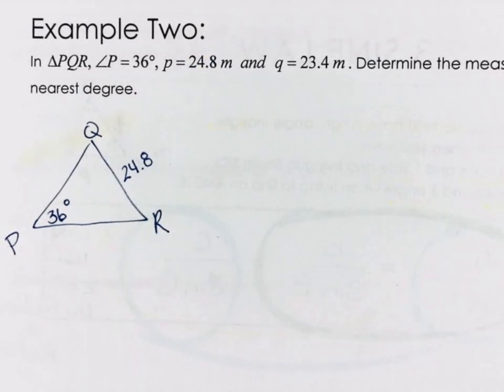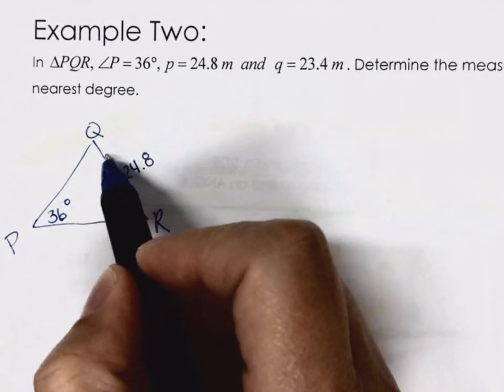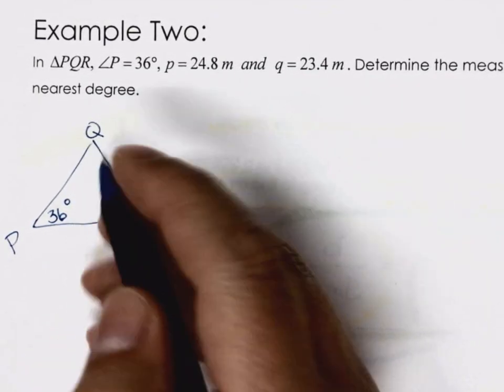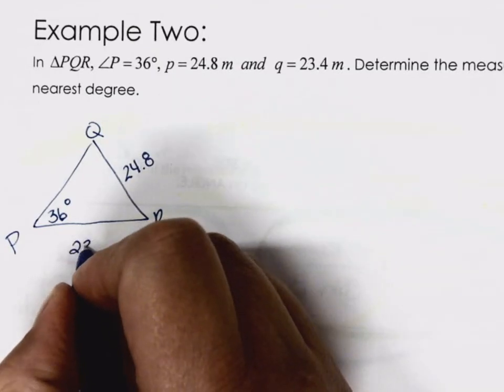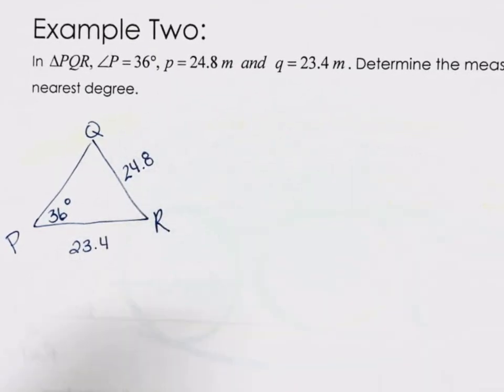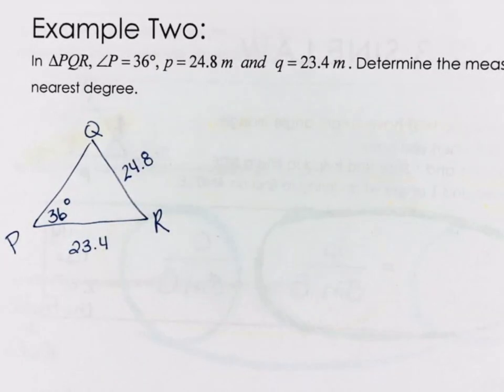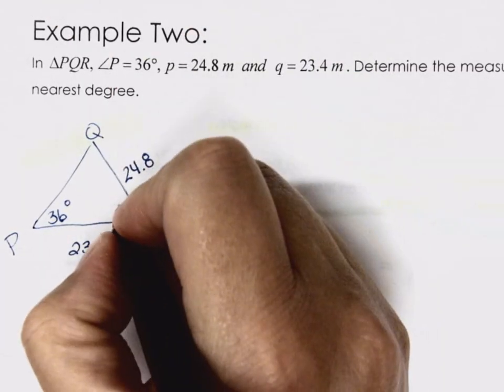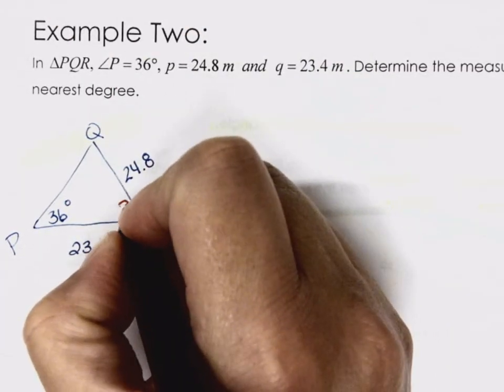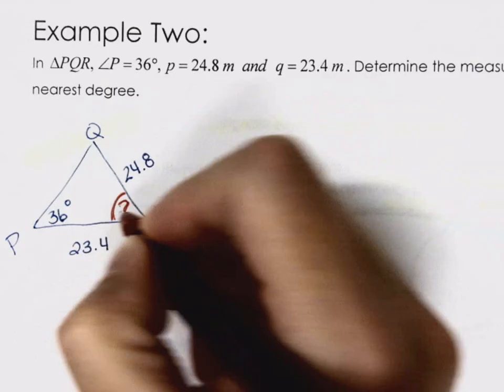Too many letters, I get confused. We know that side Q is 23.4. Where does that go? The length of PR, so it's at the bottom of this one. So angle Q is right here, and we have 23.4 meters, and we have been asked to solve for angle R.